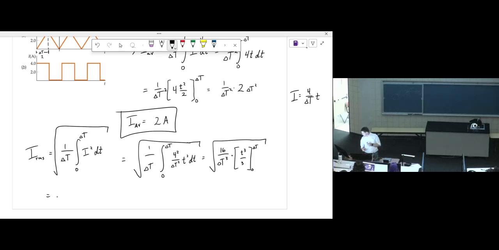And all of this comes out to be, I think, let's see here. I got the square root of 16 over 3, which comes out to be equal to 2.3 amps.